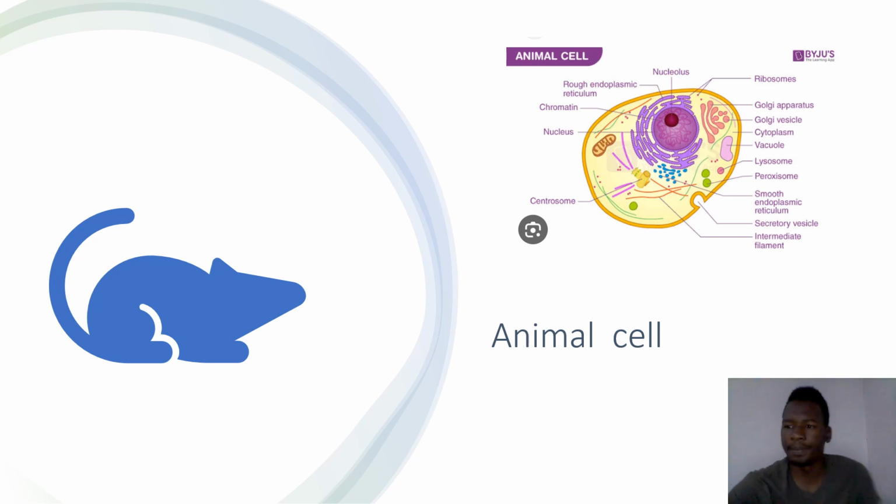An animal cell contains cytoplasmic content enclosed by a plasma membrane. When we say cytoplasmic content, we talk about the nucleus, lysosomes, ribosomes, centrioles, and all of those.